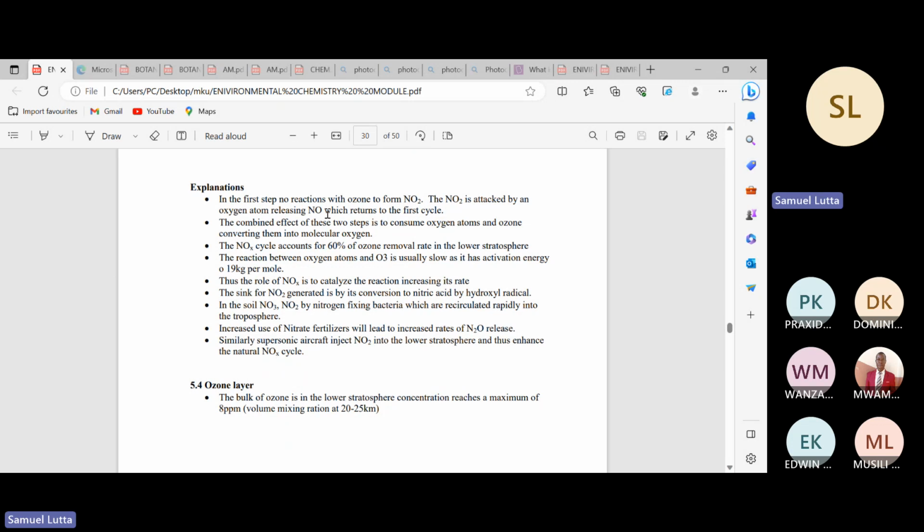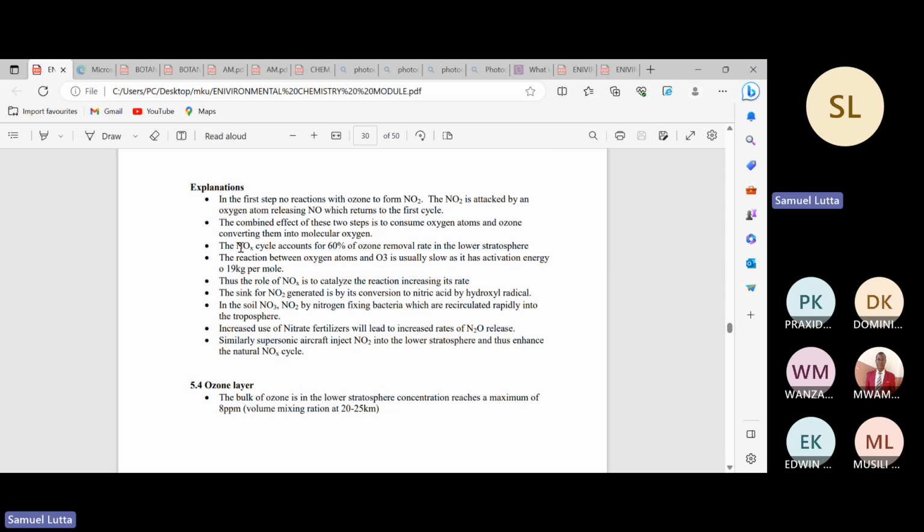So I think this is a simple reaction. When you have NO2 plus atomic oxygen, you can form NO and O2. So the combined effect of these steps is to consume oxygen and ozone by converting them into molecular oxygen.